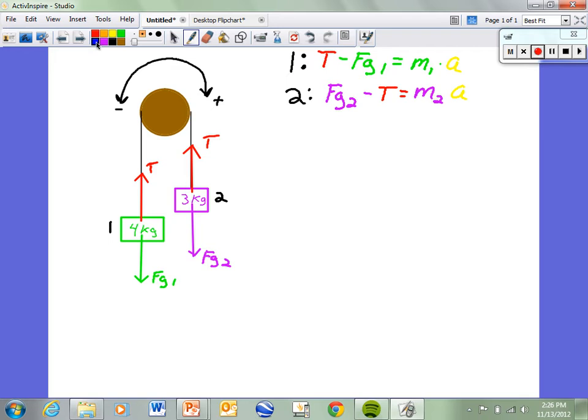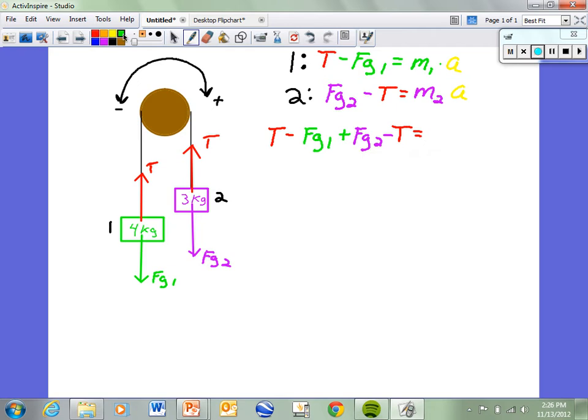What happens here is the easiest thing we can do is add these 2 equations. When we do that, I would get tension minus force of gravity 1. Those are the forces acting on the first block. And I'm going to add to it the forces acting on the second block. So that's plus force of gravity 2 minus tension.